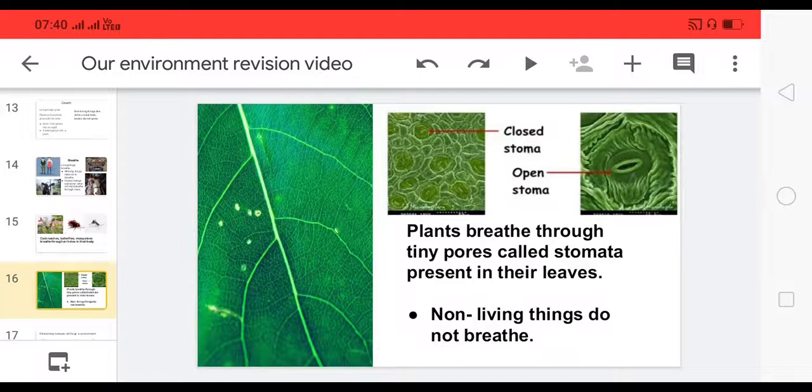As you can see in the picture, kids, you can see the small pores, the small dots on the leaf. So what are these? These are stomata. Through these small pores, air passes, which means the plant breathes, and non-living things do not breathe.